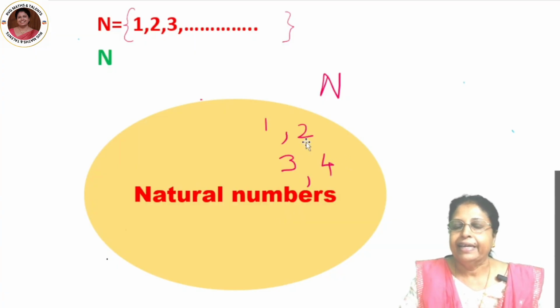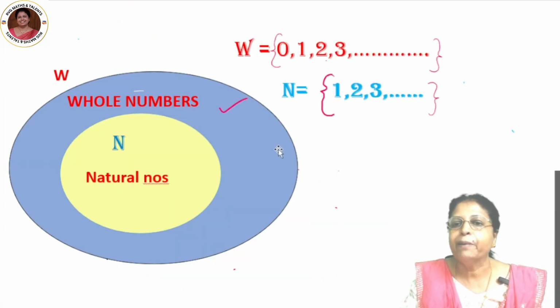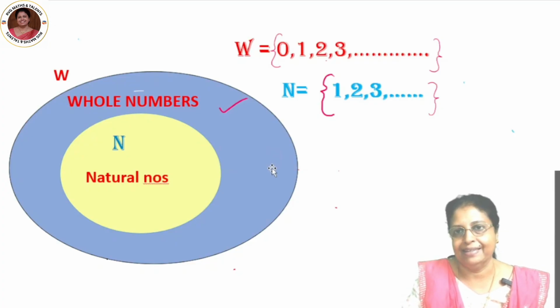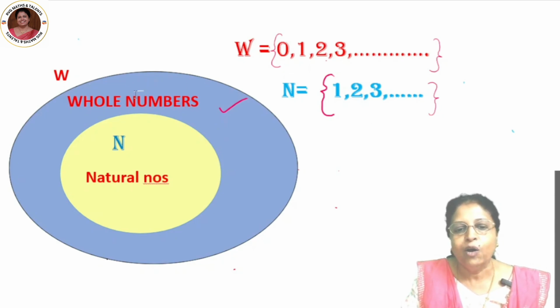Human beings expanded this number system due to their need, and this whole number system came into existence. To form whole numbers, we just added 0 to the natural numbers. And whole numbers are denoted by W.